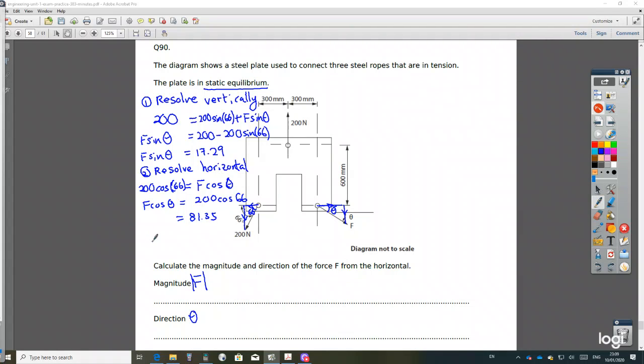So the magnitude force is going to equal the square root of 17.29 squared plus 81.35 squared. And once again, the calculator will inform you that the magnitude F is going to be equal to 83.17 Newton. This is the answer for this computation.